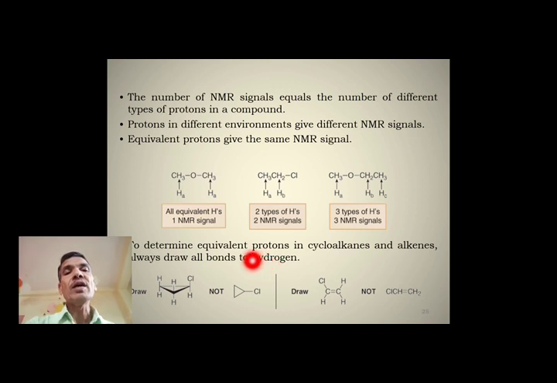But here, total 5 hydrogen atoms are present in this molecule. And these 5 hydrogen atoms are: 2 hydrogen atoms on one carbon atom, 2 hydrogen atoms on another carbon atom, and 1 hydrogen atom on carbon atom having chlorine. Therefore, the chemical environment of these 5 hydrogen atoms is different.